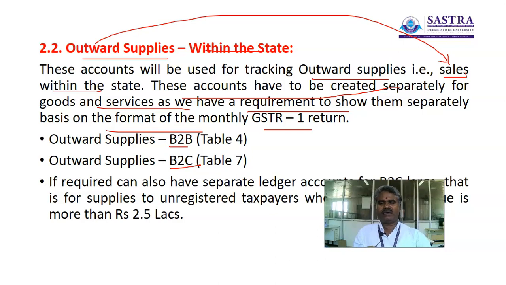If required, we can also have a separate ledger account for B2C large, that is, for supplies to unregistered taxpayers where the invoice value is more than 2.5 lakh. Suppose some unregistered taxpayers are there. Whenever you supply goods to them and the value exceeds 2.5 lakh, you have to maintain a separate ledger.